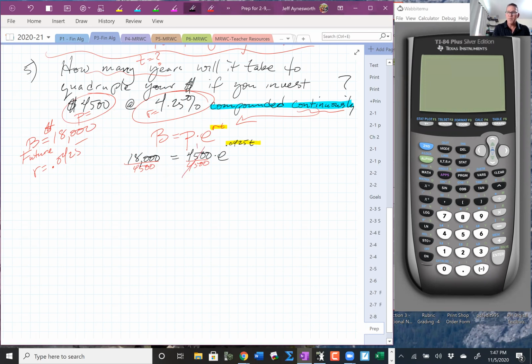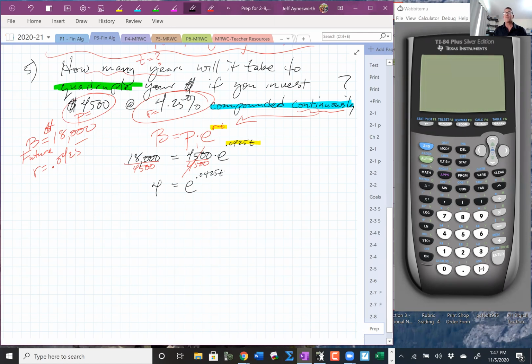This is going to simplify things greatly. 18,000 divided by 4,500 better be 4 because we're quadrupling. That's why that 4 is coming out. And that's going to be equal to e to the power of 0.0425 t.